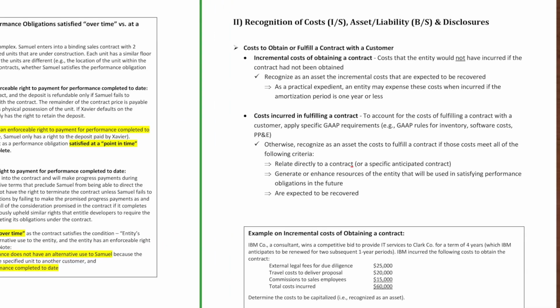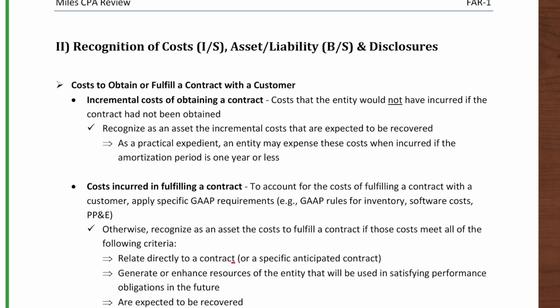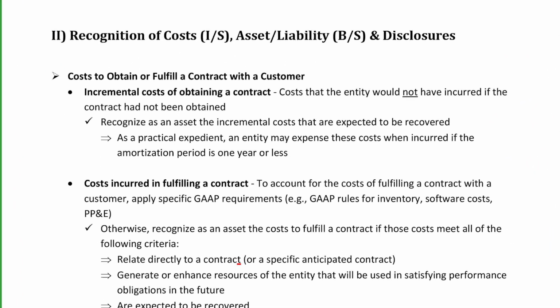So turn a few pages till you get to page 61, where we're looking at, put a box around, costs. First, let's talk about, underline, incremental costs of, circle, obtaining a contract. These are costs that the entity would not have incurred if the contract had not been obtained.